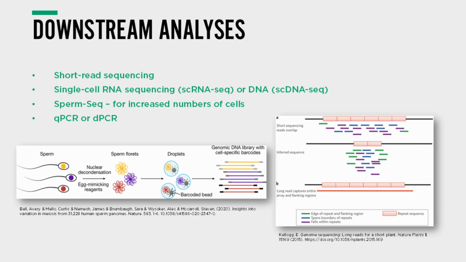There is also Sperm-seq, which caters more toward having an increased number of cells to sequence. Of course, there are qPCR and dPCR techniques, either for intermediate library prep or target quantification, depending on the context of the study and any biodistribution data that was previously obtained. So there's a couple different options here.